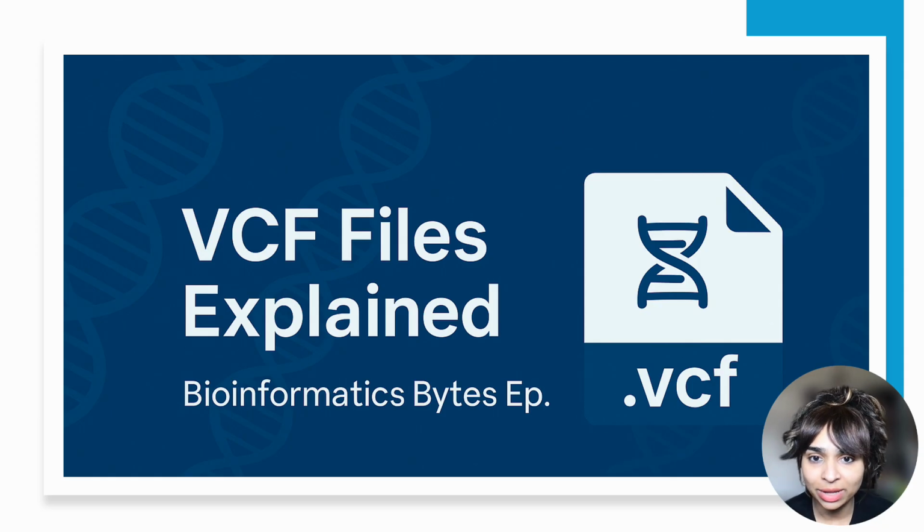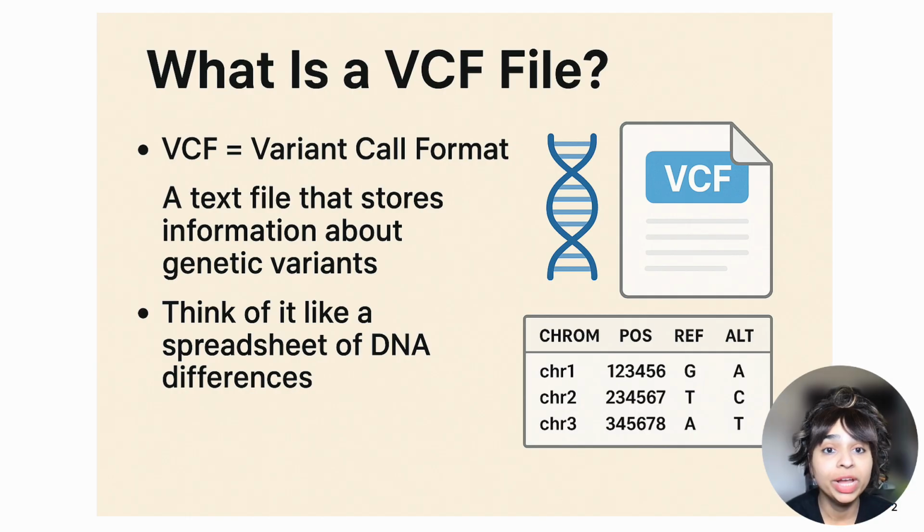So let's get going. A VCF file, or variant call format file, is a special kind of text file used in genomics. It doesn't store the entire genome. That would be way too big. Instead, it records only the differences, or variants, between an individual's DNA and the reference genome. You can think of it like a spreadsheet. Each row represents a variant and each column tells you specific details.